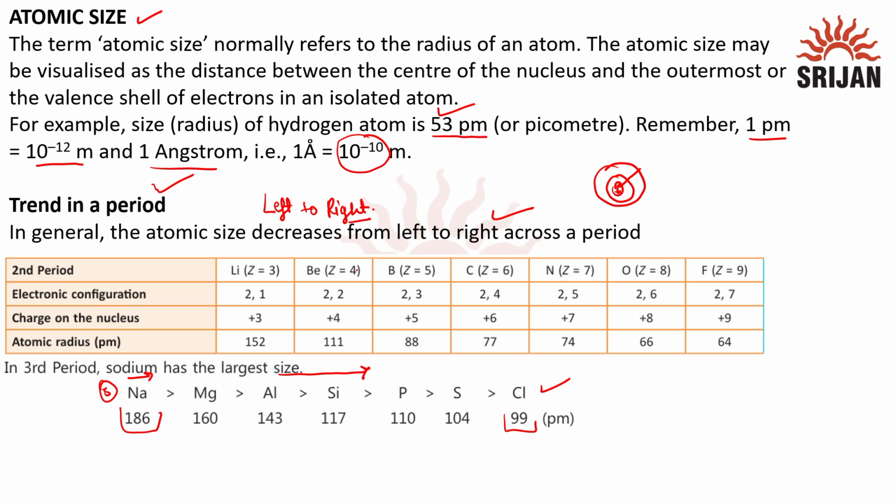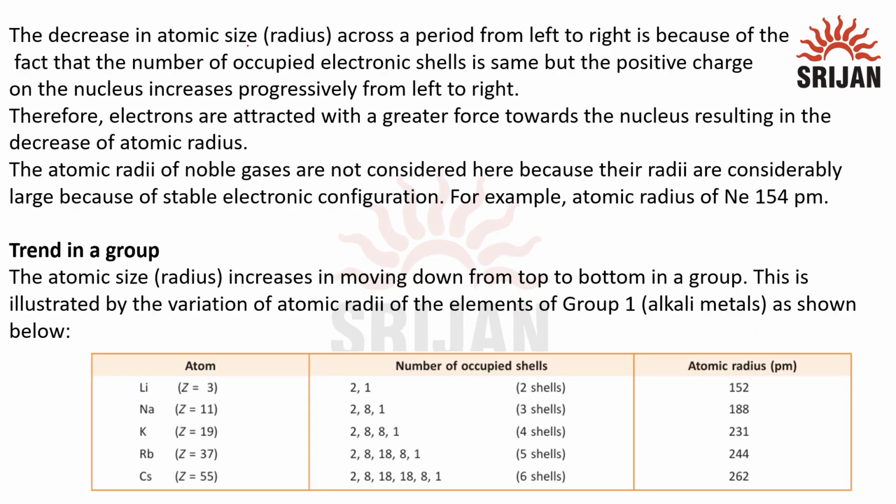So here we can say that the atomic radius decreases along a period. The decrease in atomic radius across a period is because the number of occupied electronic shells is the same but the positive charge increases. That means the nuclear charge increases, which increases the attractive force on the outermost shell. That's why the atomic radius decreases moving left to right in a period.